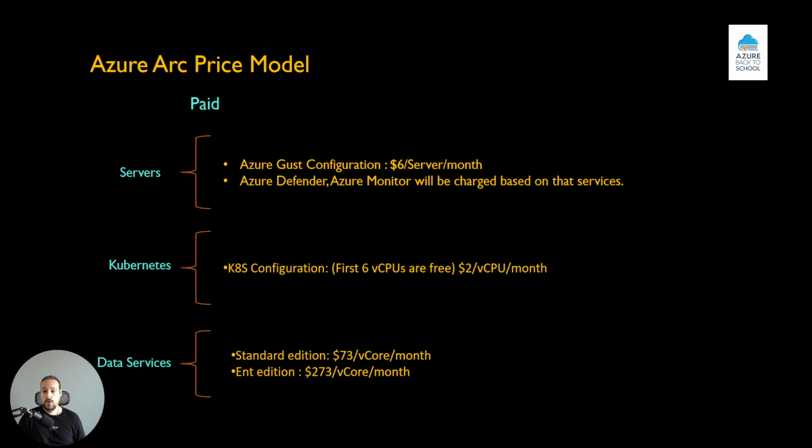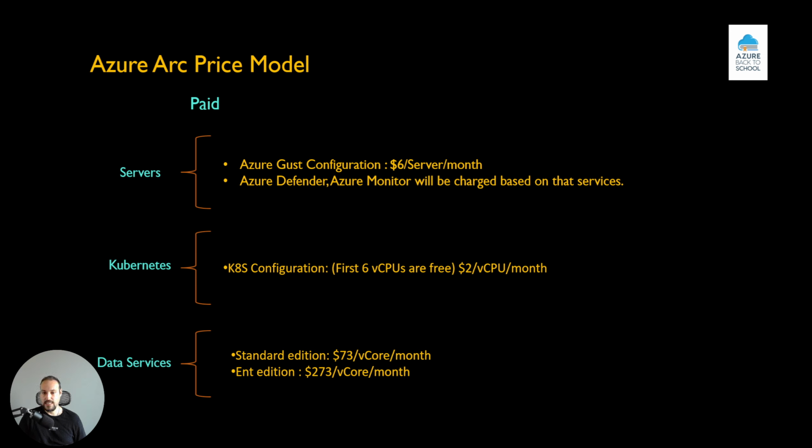Now, if you are eyeing the Enterprise Edition, it'll run you $273 per virtual core per month. And the difference between Standard and Enterprise Edition is related to the maximum virtual cores and RAM that you can use for your environment. So that's the pricing part.